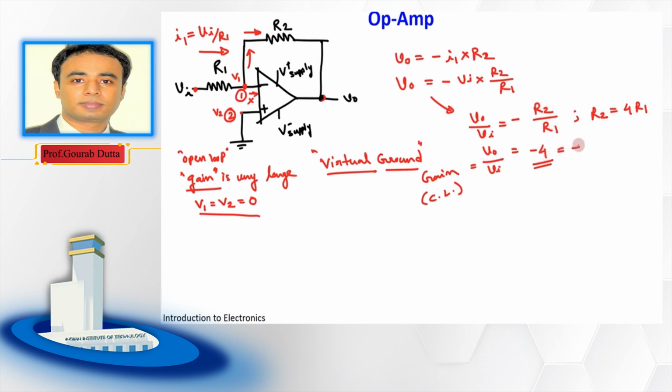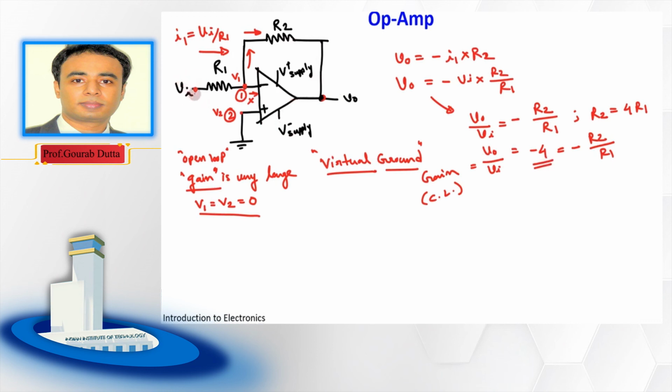In general, for this type of circuit it is minus R2 by R1. So compared to the input voltage, the output is amplified by 4 times. So amplification is happening, so definitely this is an amplifier circuit.